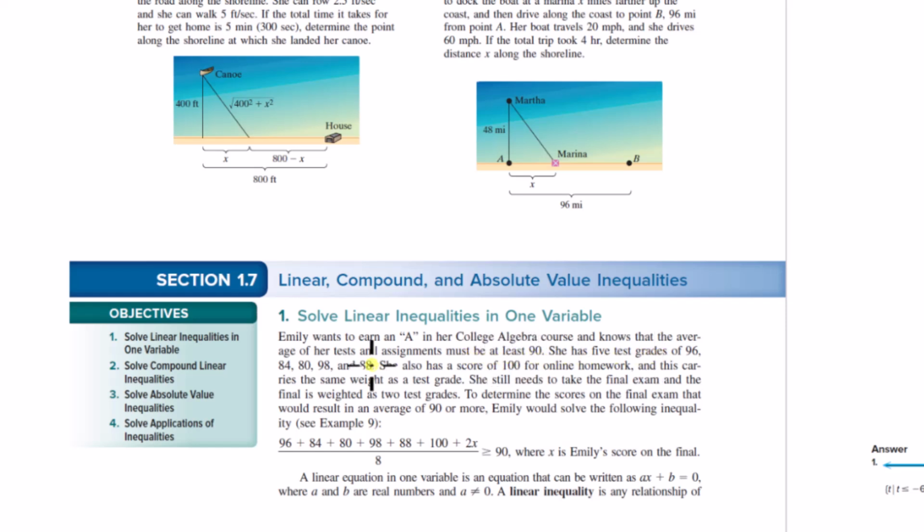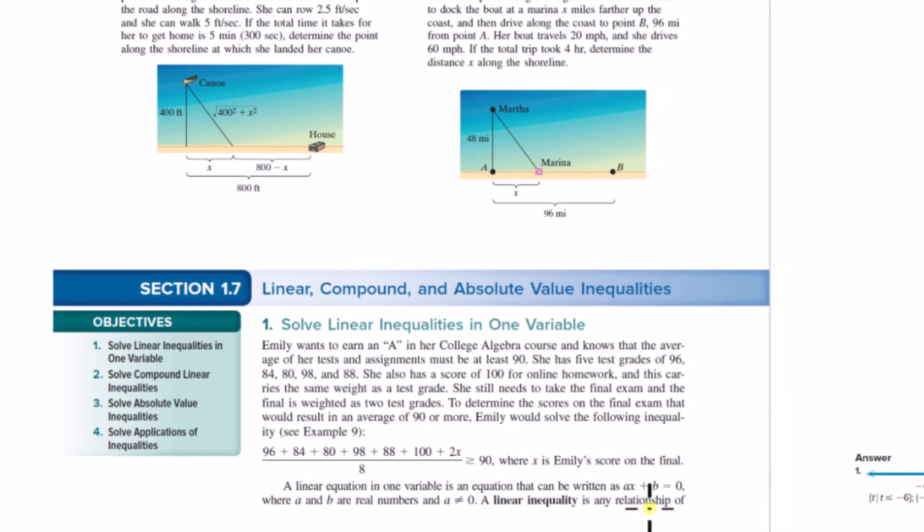She has 5 test grades. She also has a score of 100 on her homework, which is weighted the same as a test grade. She needs to take the final exam, and the final is weighted 2 test grades. So what score does she need to get on the final exam so that her average grade is greater than or equal to 90, right? That's an inequality.